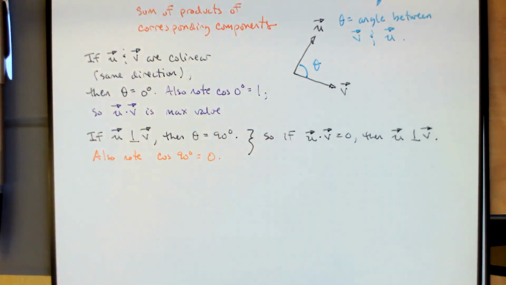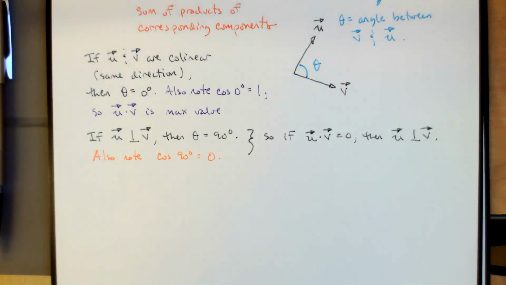So the dot product will be at its negative maximum value. So that would be described as u and v going in opposite directions. Any questions? So there's the dot product, how we calculate it, and what it tells us.